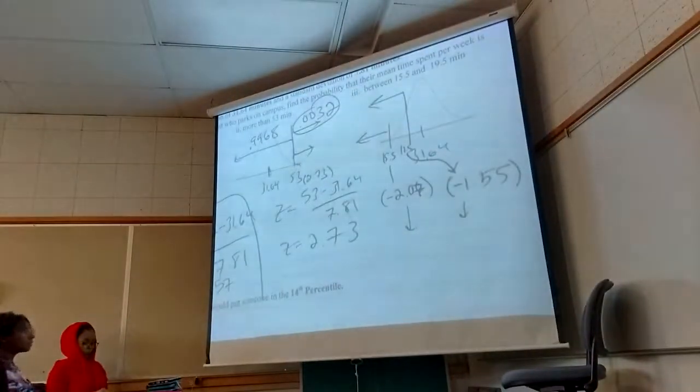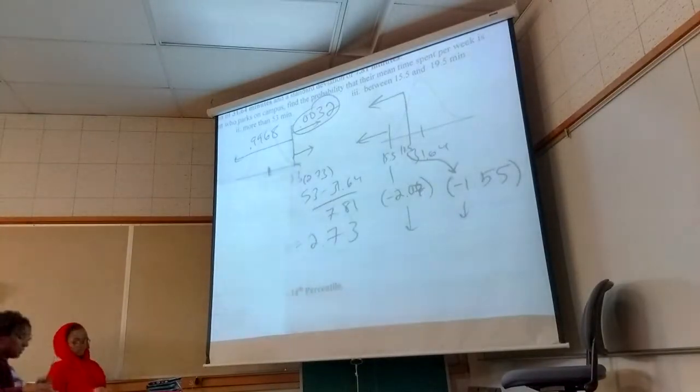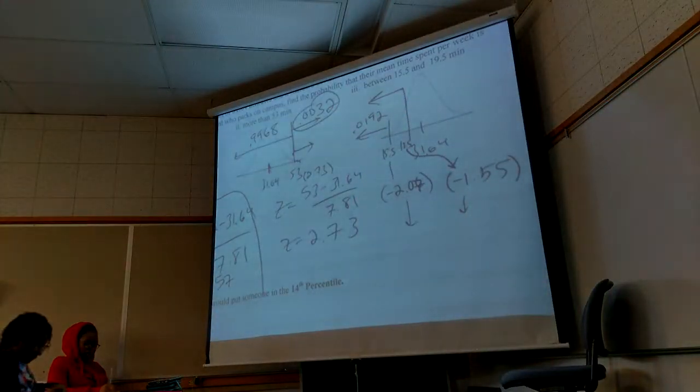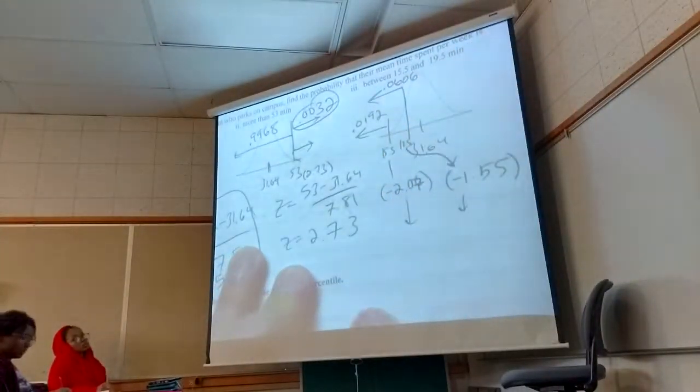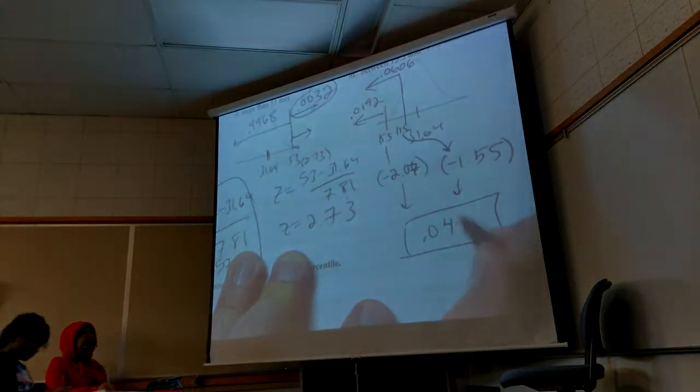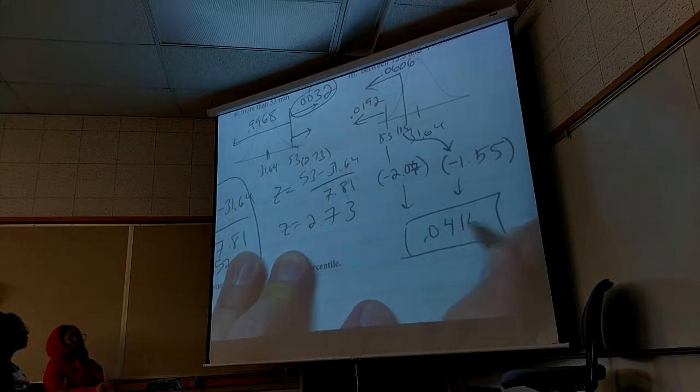So for 2.07, you get what? 0.9808. And for negative 1.55, you get 0.0606. So when you subtract those, you get 0.0414. Okay.